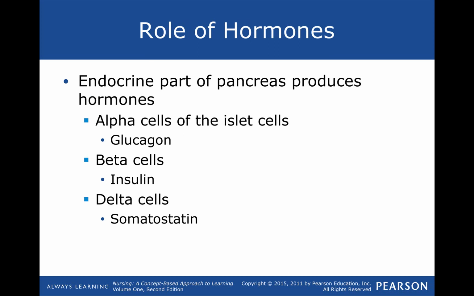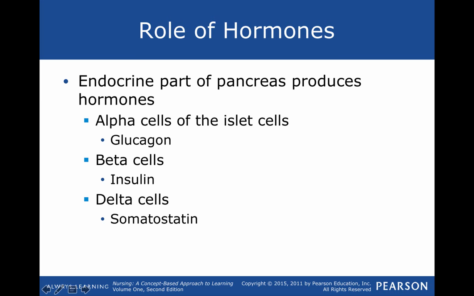When you look at the parts of the pancreas, it is the important organ we're talking about here. There are different cells in the pancreas that are responsible for different things. And in our case, it's those beta cells that are destroyed. And when you lose beta cell function, you lose that ability to have insulin.